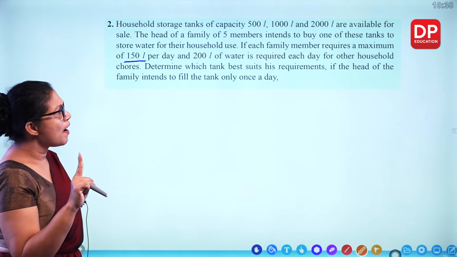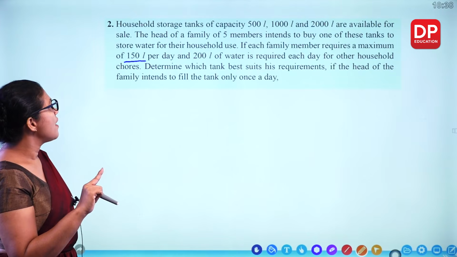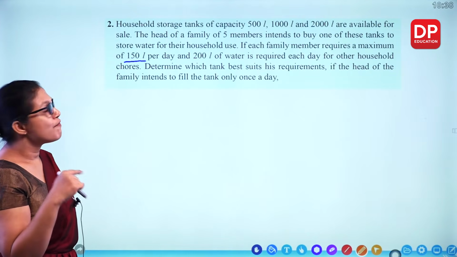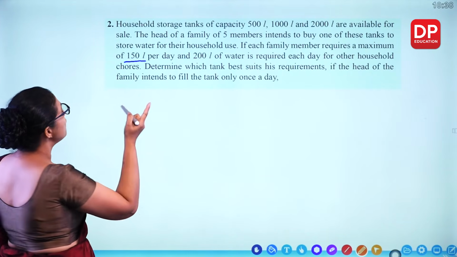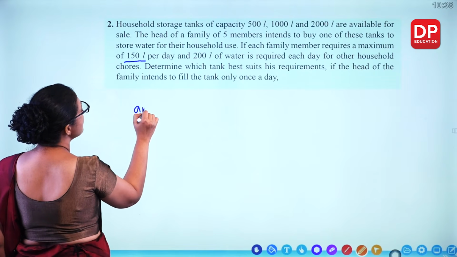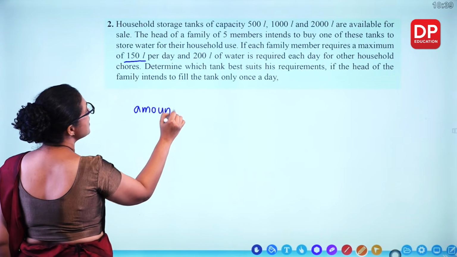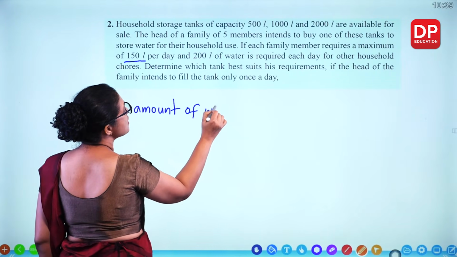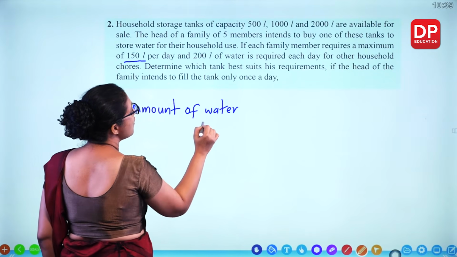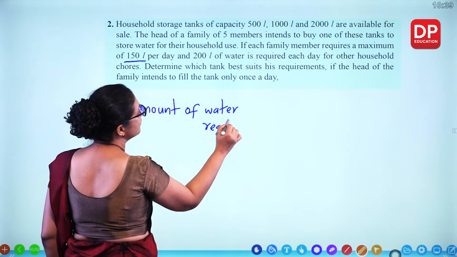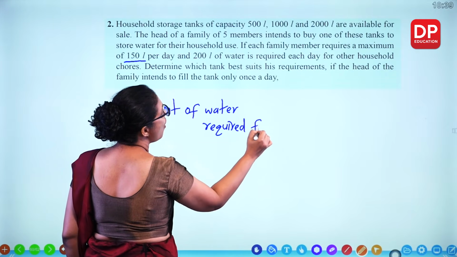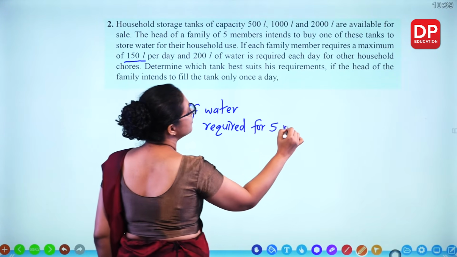Each family member 150. If there are 5 members, we'll find out the amount of water required for 5 members.